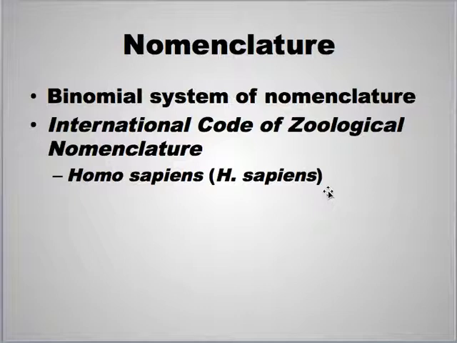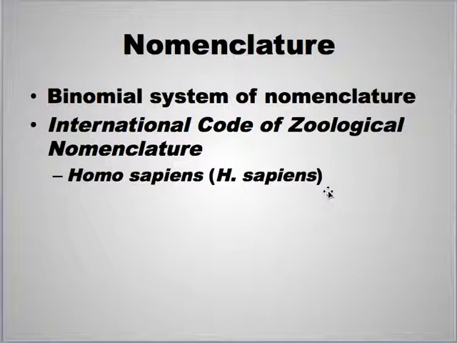Nomenclature is our naming system. It is a binomial nomenclature, meaning that it's two names. So we name organisms by their genus and species name. The individuals who get to do those are those of the International Zoological Association.